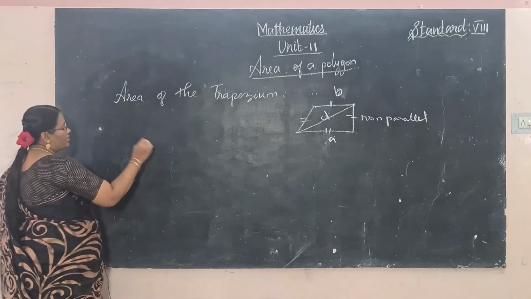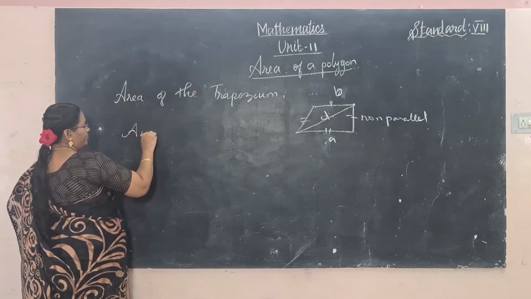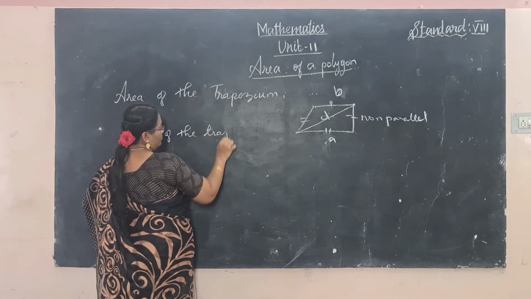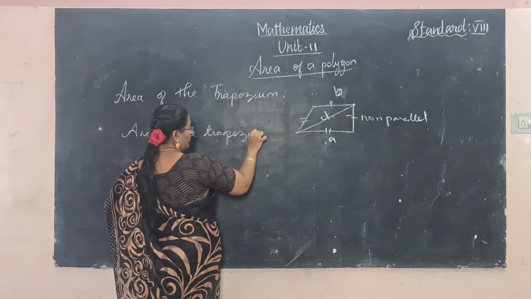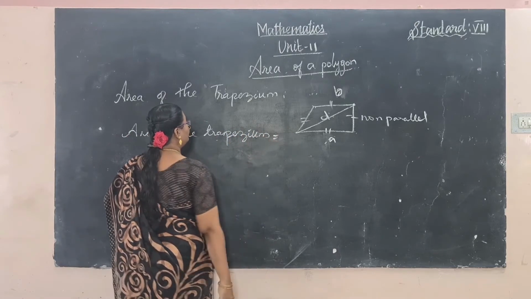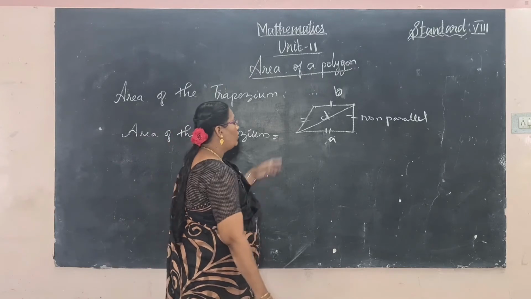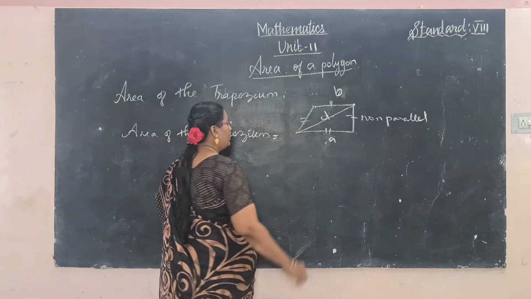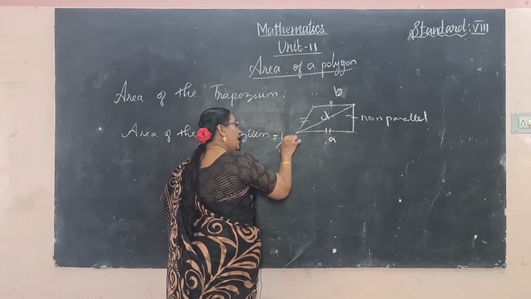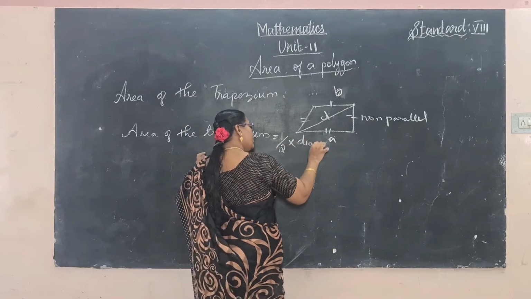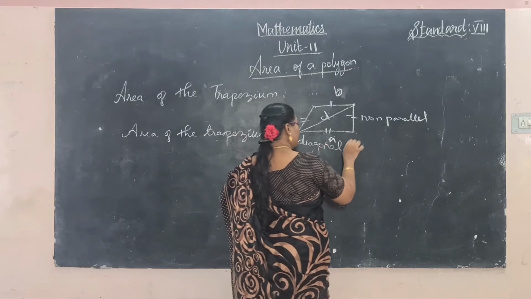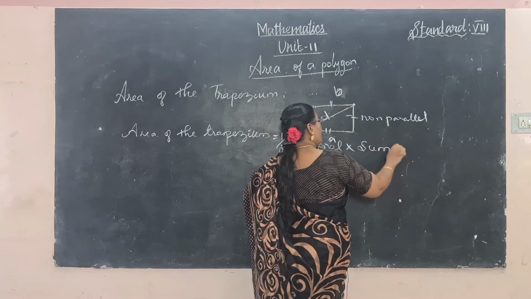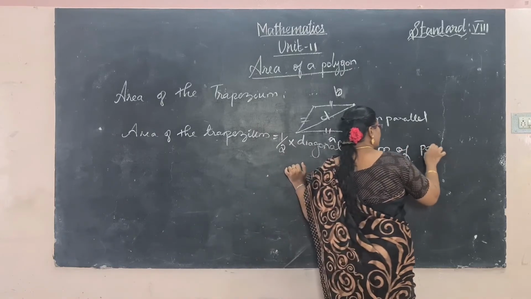So area of the trapezium is equal to the same one, half, because it's also a triangle. So half into diagonal into sum of parallel sides.